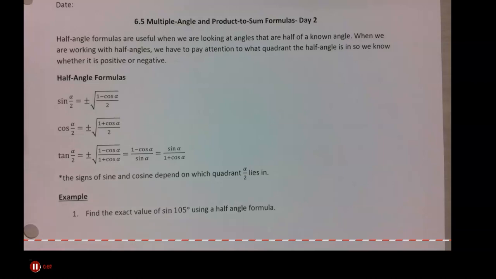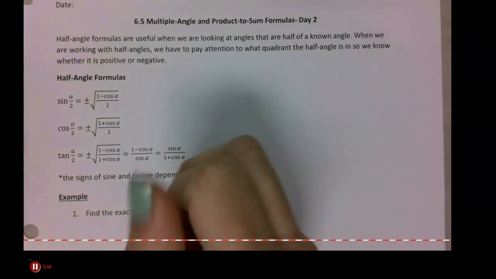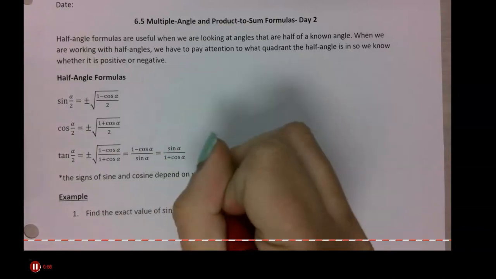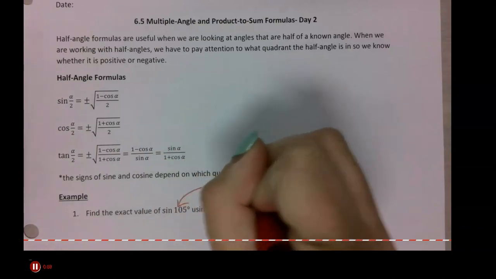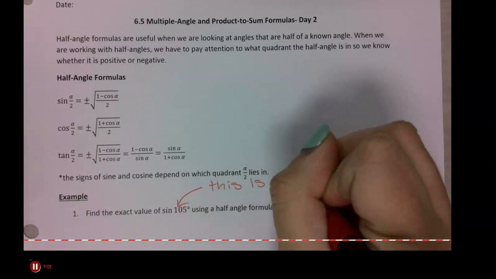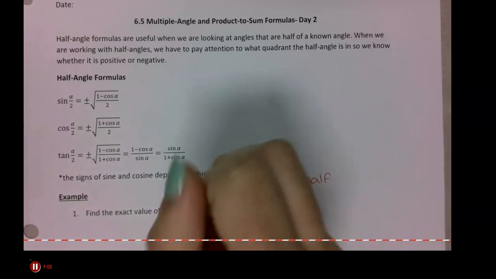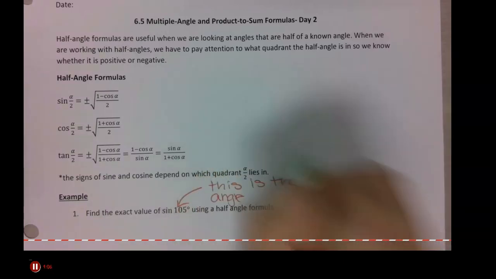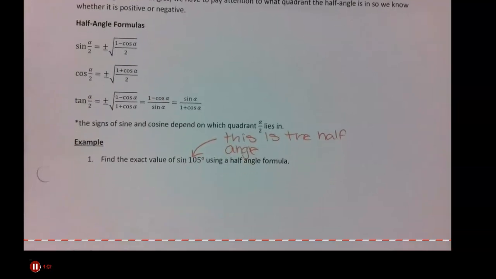So, this 105, since it's telling me to use the half angle formula, is my half angle. I didn't do anything, I just pointed out that this is the half angle.